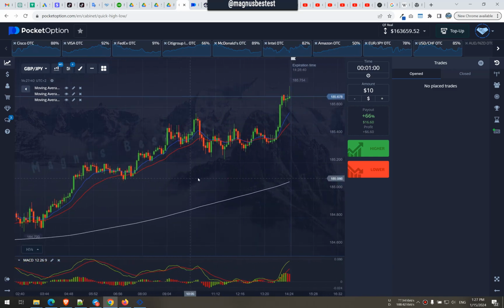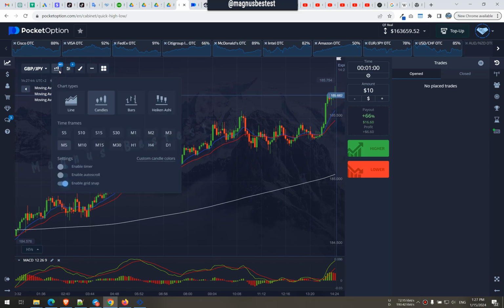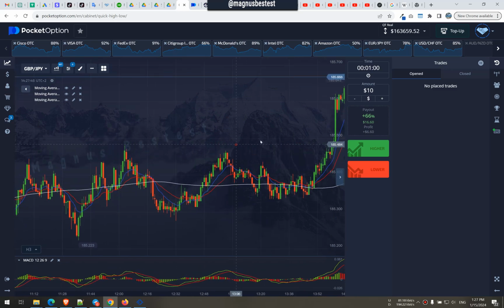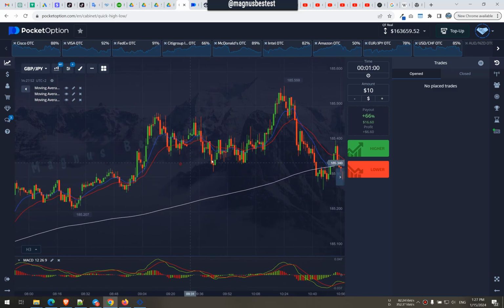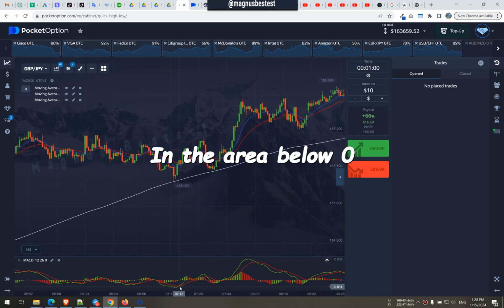So here we don't have enough price action. Let me maybe put 1 minute and find some signal. So we need to have price above the moving average 200, and here we need a cross below 0 on MACD.